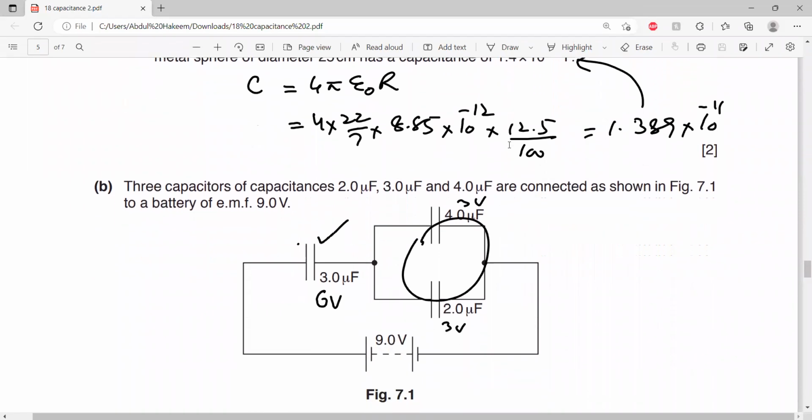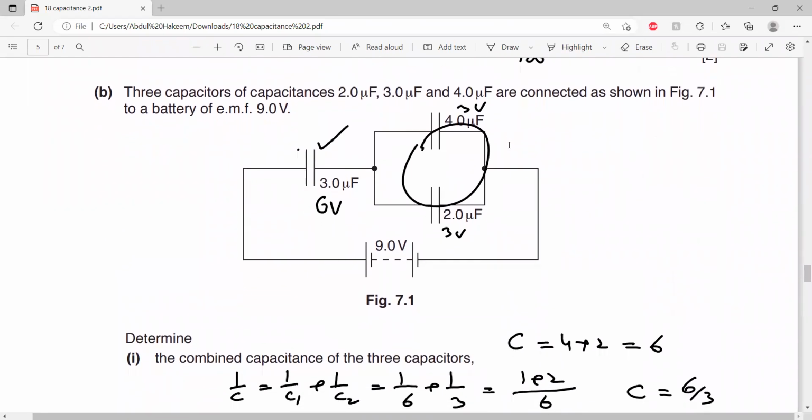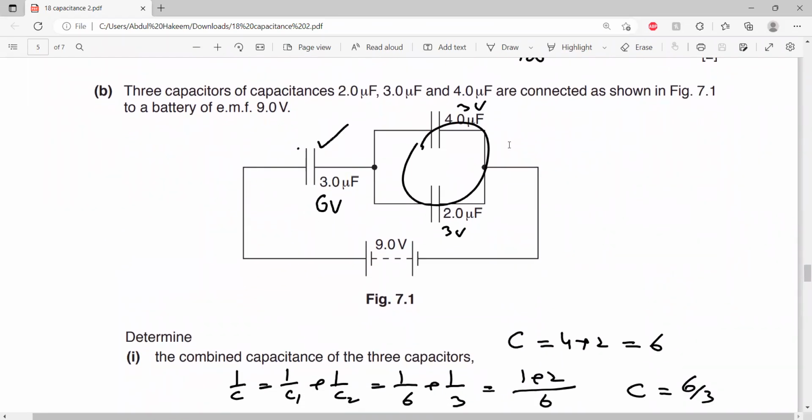Now the B part. 3 capacitors of capacitance 2 microfarad, 3 and 4 are connected as shown. So look, 4 and 2 are in parallel. In parallel, capacitance is added numerically, 4 plus 2, it becomes 6.